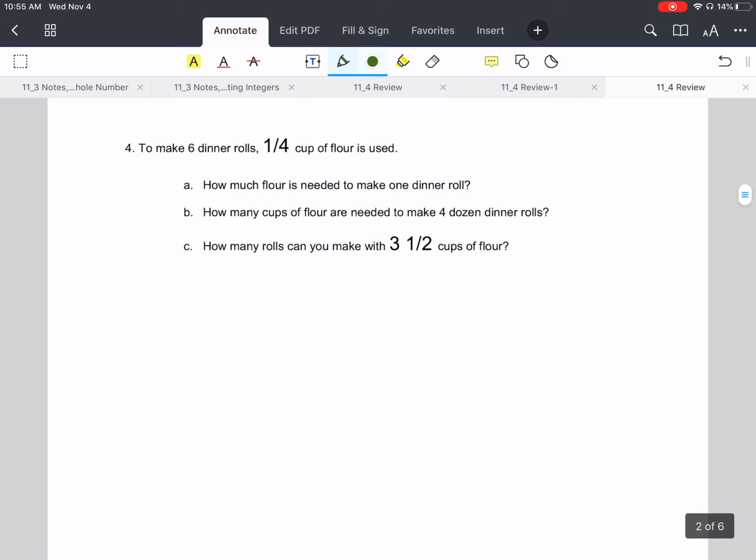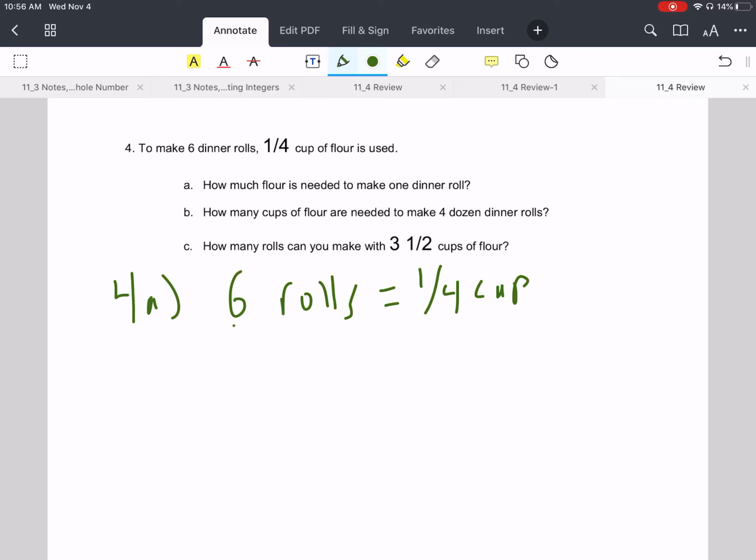Question 4. To make 6 dinner rolls, 1/4 cup of flour is used. So how much flour is needed to make 1 dinner roll? So this is like a ratio. So if we have 6 rolls, and that equals 1/4 cup, what we can do is divide both of them by 6, and that will give us the amount of flour needed for 1 roll.